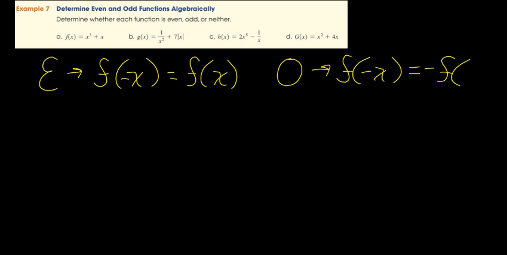Let's go ahead and write this on this page. So, an even function is when we use f of negative x. We plug in a negative x, and we get back the original function. An odd function is when we plug in a negative x, and we get back the negative of the function.